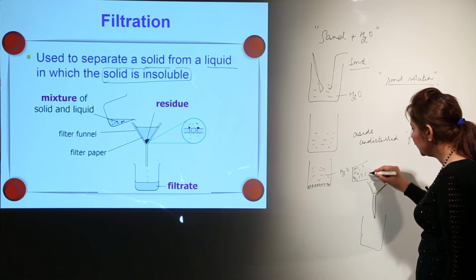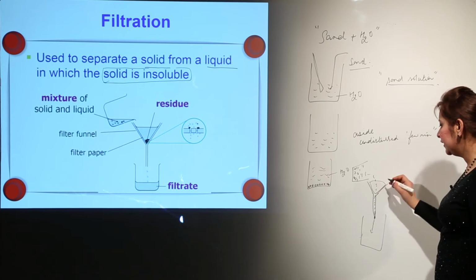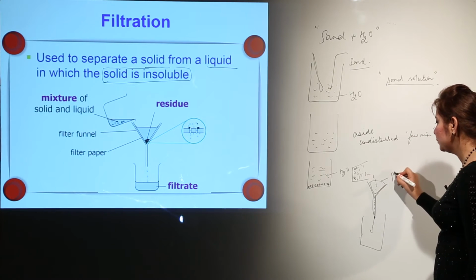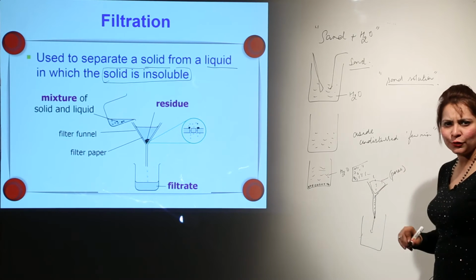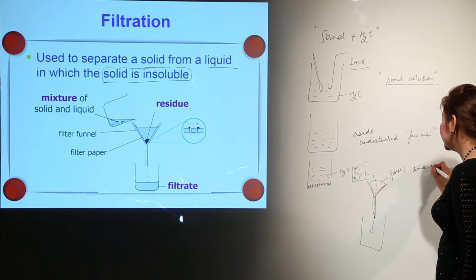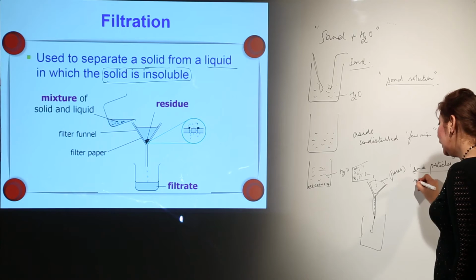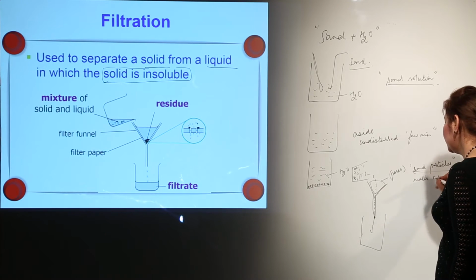So what is happening? I am just pouring it. This filter paper has minute pores. So what is it going to do? It will not allow the bigger size particles, that means the sand particles, to pass through, but it will allow the water particles to pass through.